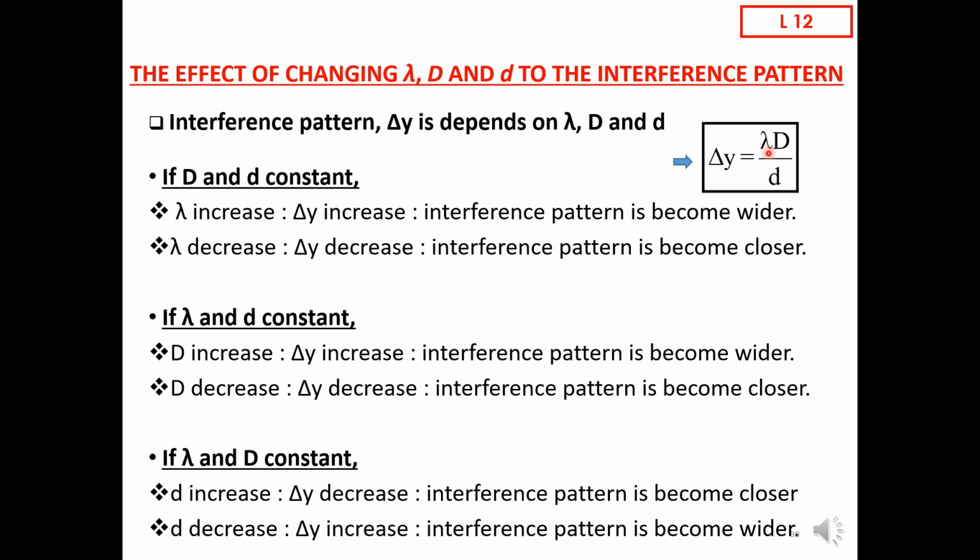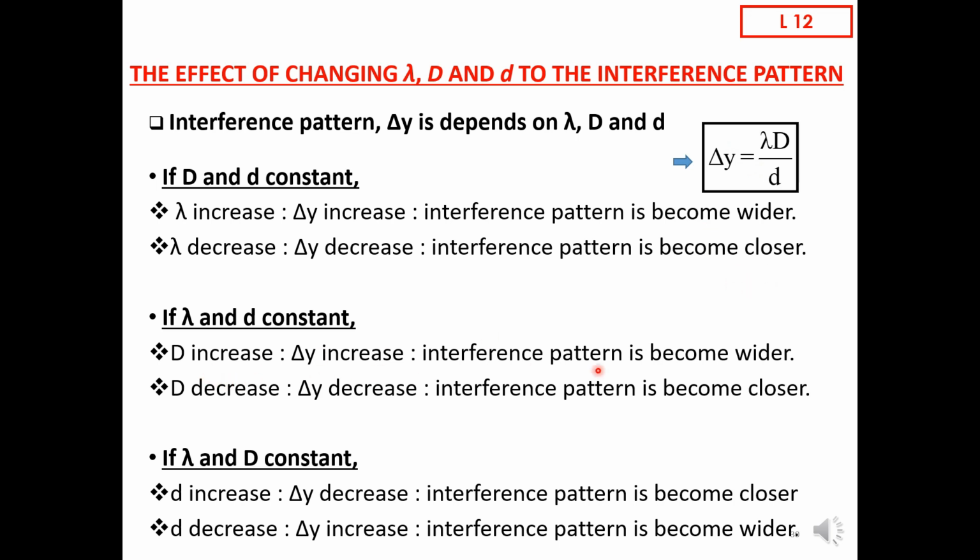The relationship between lambda and delta y is directly proportional. So if we use a bigger lambda, the interference pattern becomes wider. If we decrease lambda, the interference pattern becomes closer.